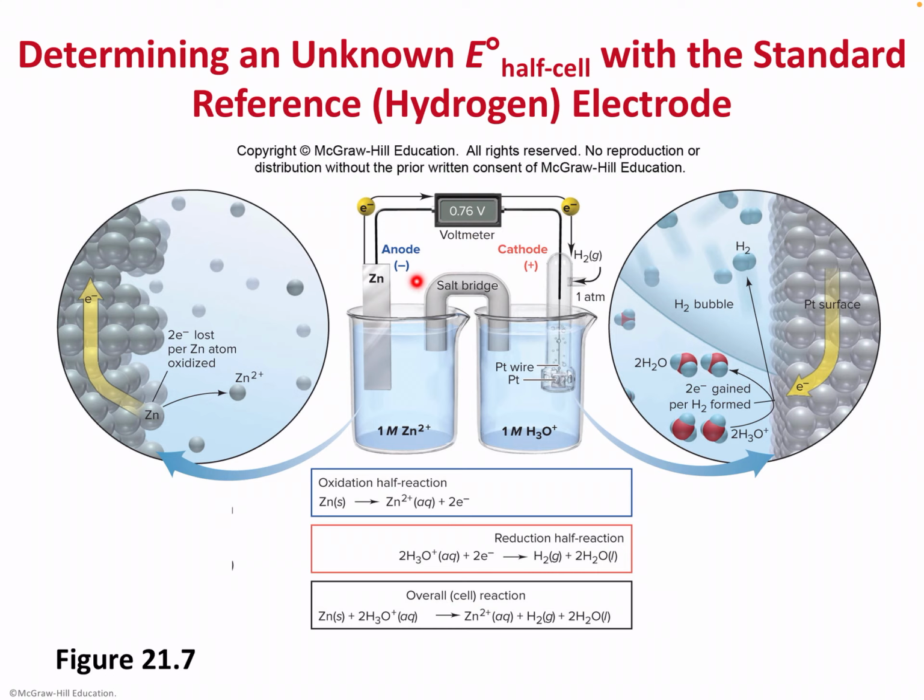If it is copper, it will also give us a number here. If it is aluminum, chromium. So you can dip the metal of interest to find out its electrode potential, so you can measure it against the hydrogen. Sometimes it would be positive, sometimes it would be negative.